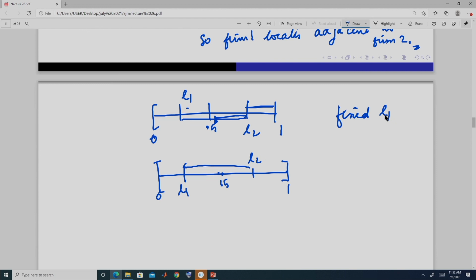If we fix L1 and it moves here, this whole portion is the profit of firm 2.